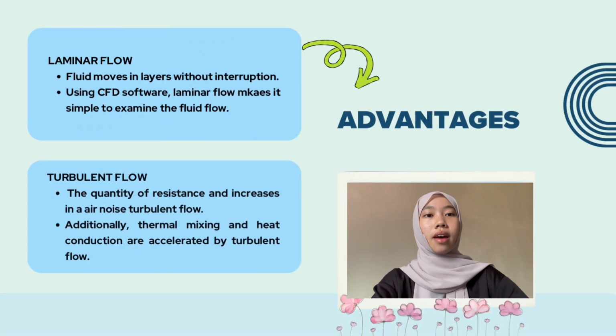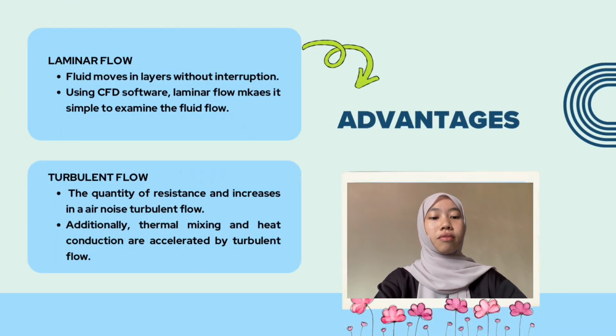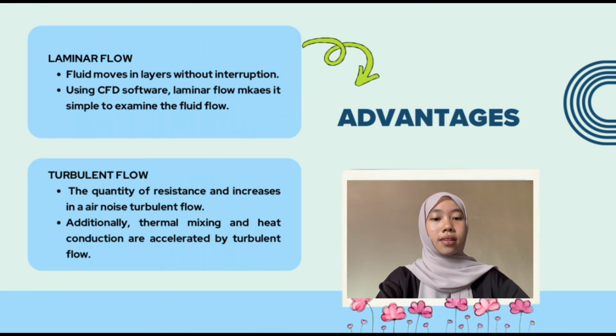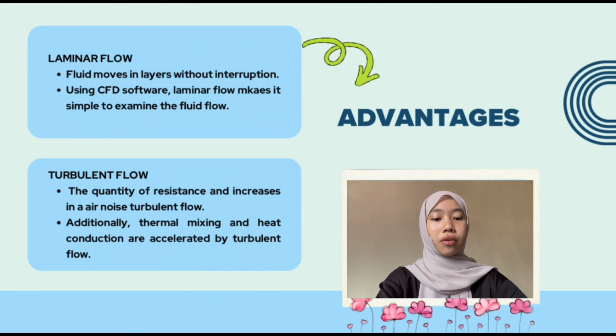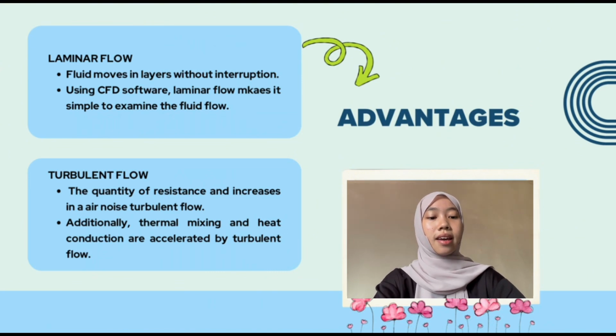Now let's look at the advantages of laminar and turbulent flow. For laminar flow, the main advantage is that the fluid moves in smooth layers without interruption. This type of flow is easy to study and analyze using software such as CFD, which stands for Computational Fluid Dynamics. On the other hand, turbulent flow has its own advantage too.